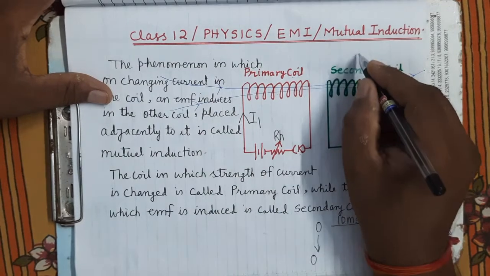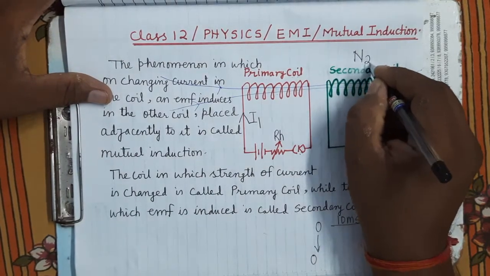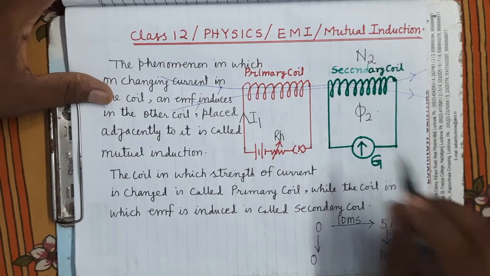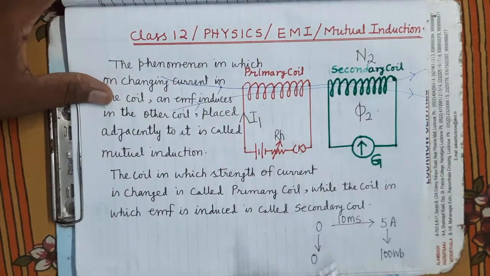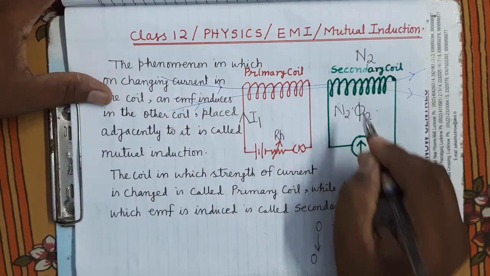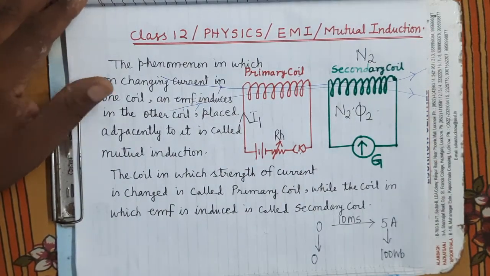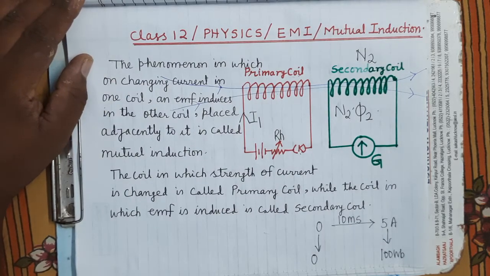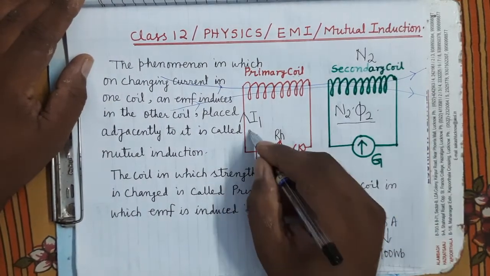So if the secondary coil has N2 turns, what will be the total magnetic flux linkage through it? It will be N2 into phi 2. Very easily you can understand that this will depend upon I1.